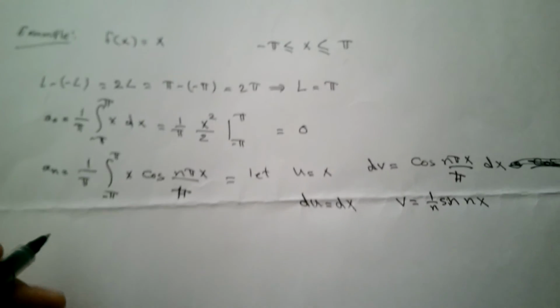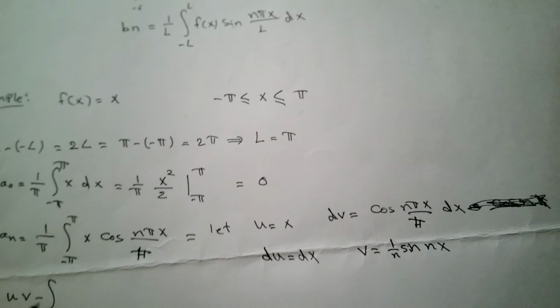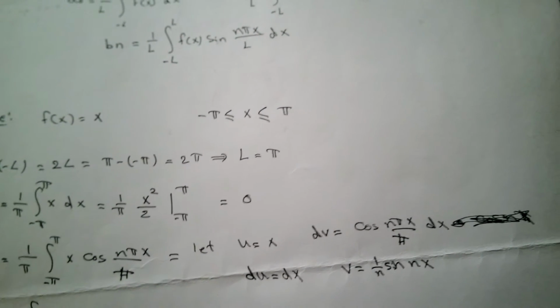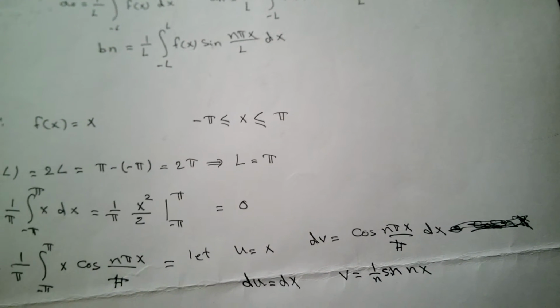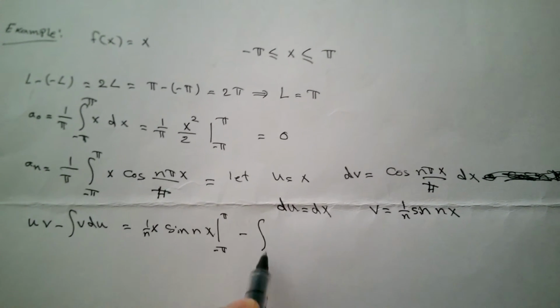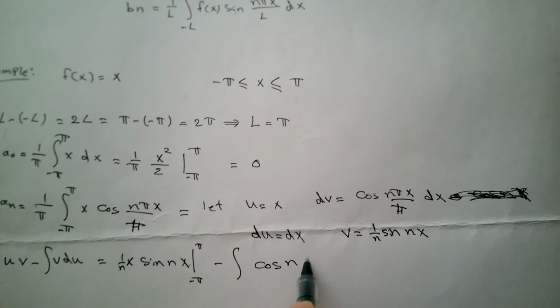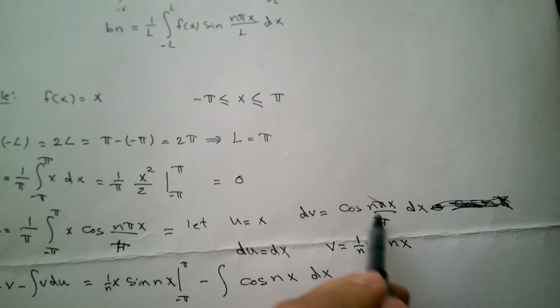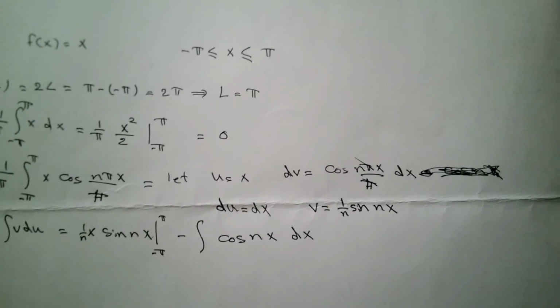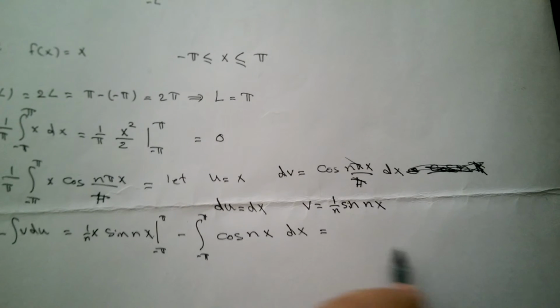So uv minus integral v du: it's 1 over n x sine of nx between minus pi and pi, minus the integral of 1 over n sine of nx dx, and this will be equal to 0.